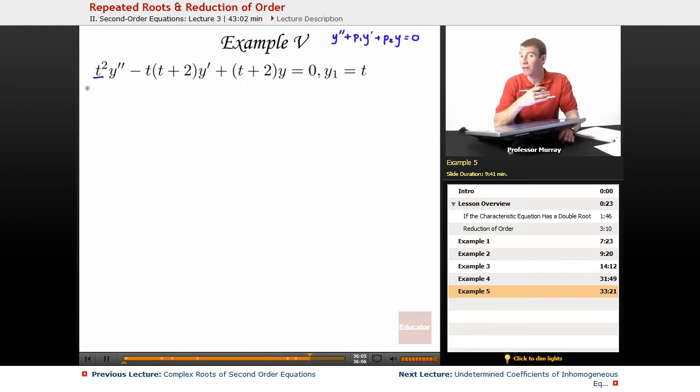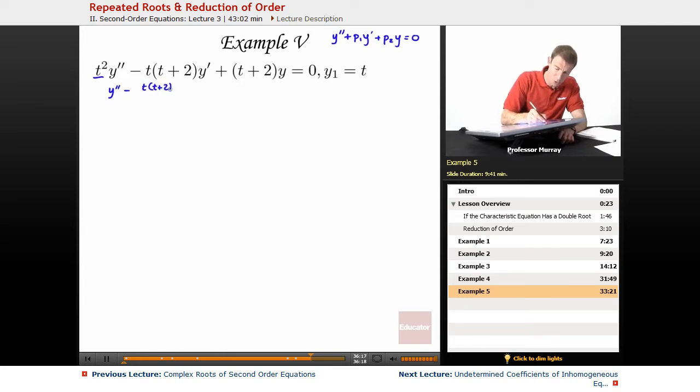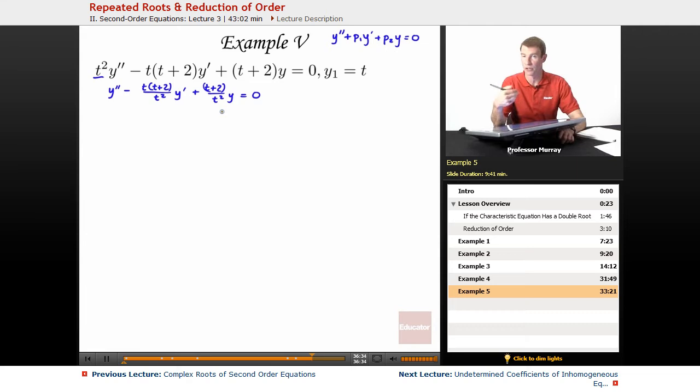So again, I'm going to divide that coefficient away so that we'll get the right form to invoke our formula for reduction of order. So I'll get y double prime minus t times (t plus 2) over t squared y prime plus (t plus 2) over t squared y is equal to 0. If I divide the right-hand side by t squared, it's still 0.